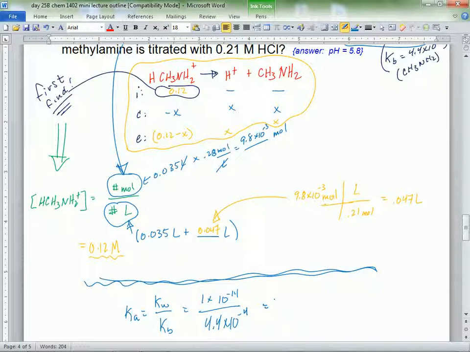You took my calculator again. Jeez. Well, that's okay. You can tell me. What did you get for your Ka number? 2.27 times 10 to the negative 11. And that has to be approximately x squared all over 0.12.